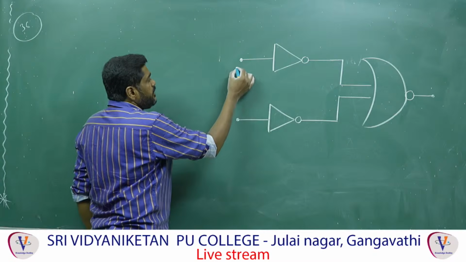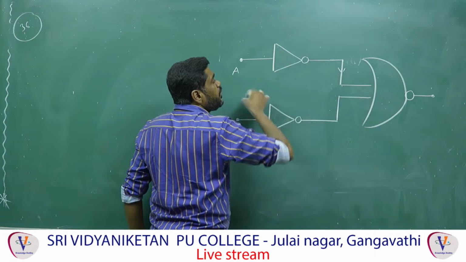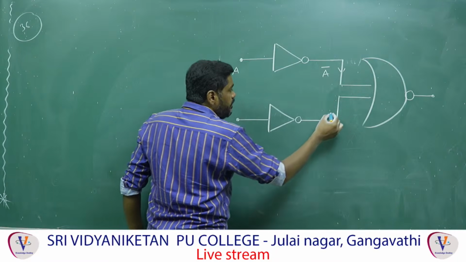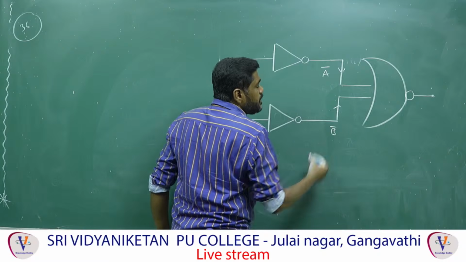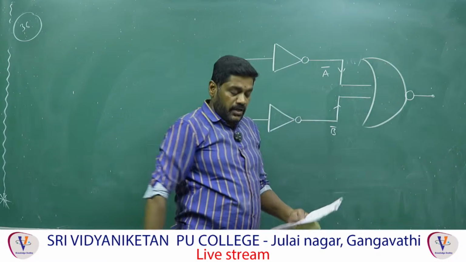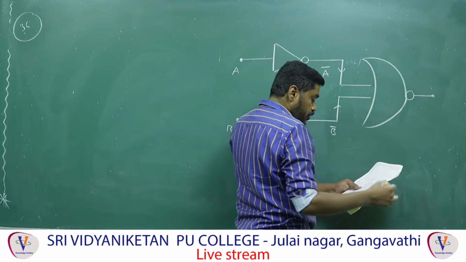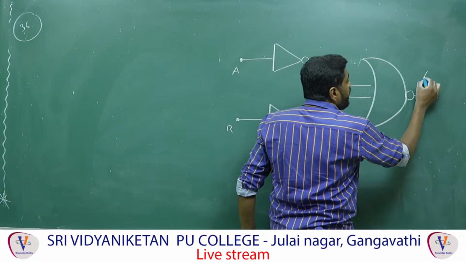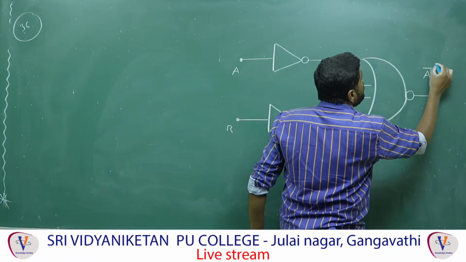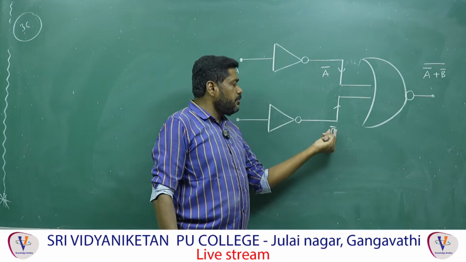First of all, this is A and this is B. Because this is the NOT gate, the first input is A dash, and the second input is B dash, correct or not? Once again, after coming out it is the AND gate, so we get A dash B dash whole bar, correct? Because first input is A, second input is B.